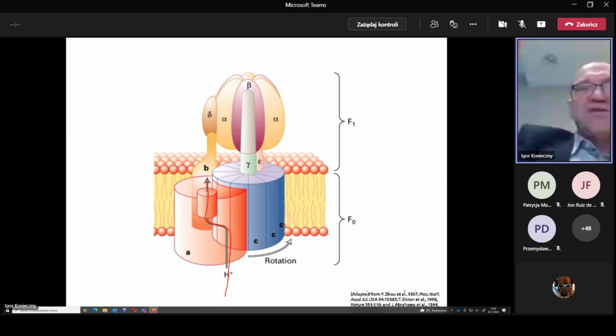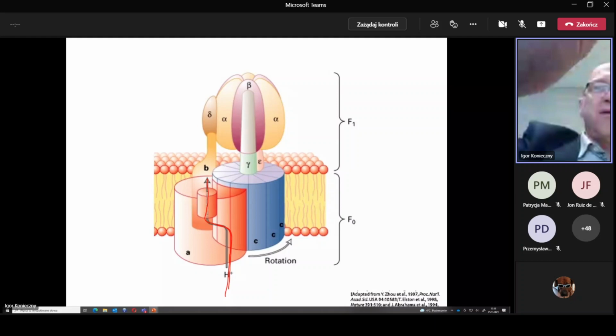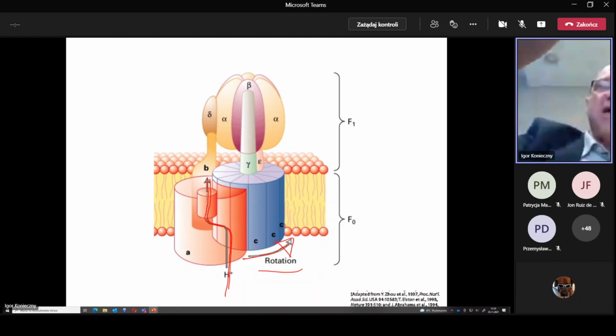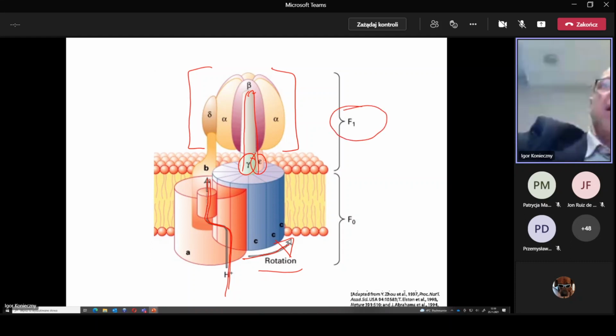And it was found that due to this proton movement, this subunit of ATP synthase rotates. That makes this gamma complex and epsilon also rotate, and then they change the conformation of the alpha subunits, which are in here, and at the end, so this is F1, and then you will see that that caused the synthesis of ATP.